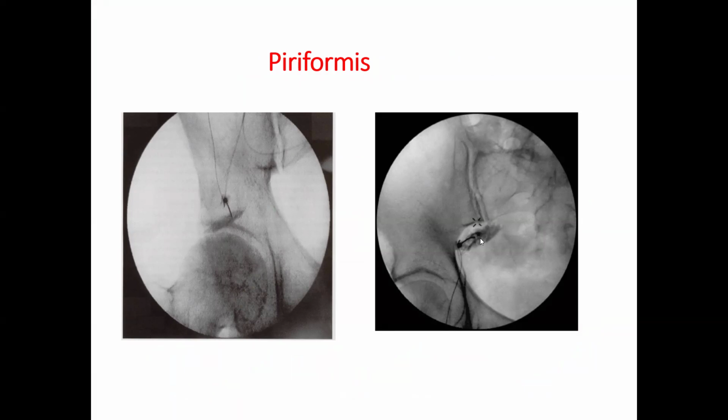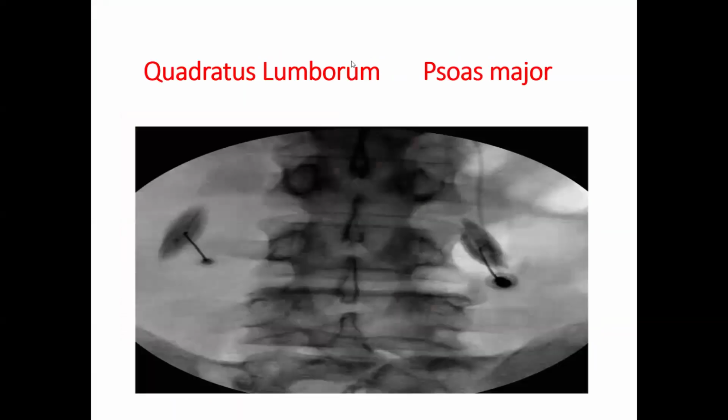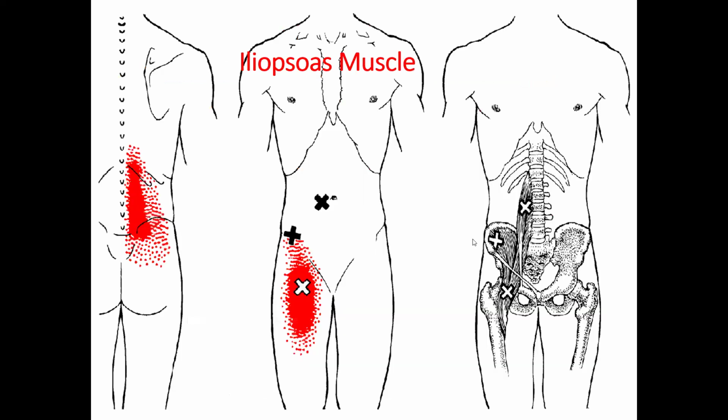All right, quadratus lumborum and psoas major muscles also can be injected under fluoroscopy or ultrasound. Quadratus here, psoas here. You have to know these muscles very well because they go into the differential.